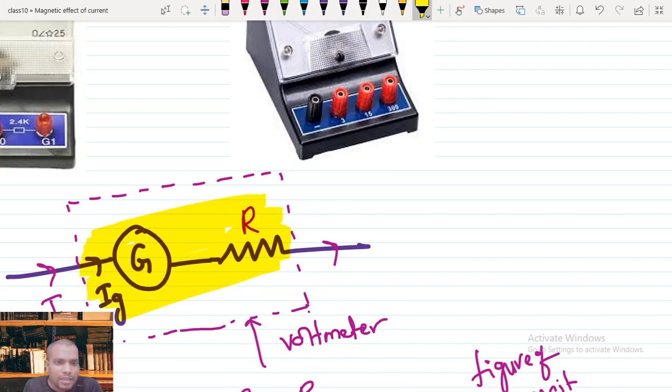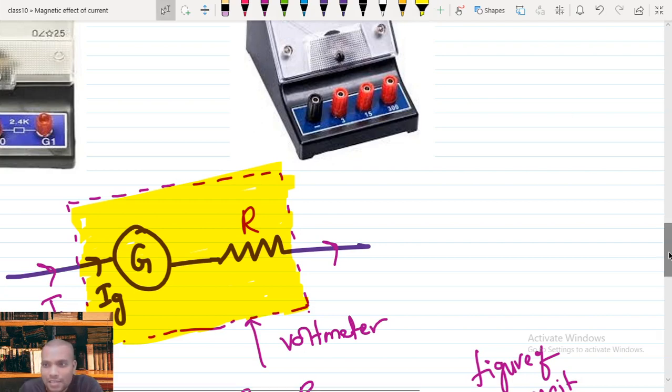So finally, commonly, the three meters, galvanometer, voltmeter and ammeter, are the common meters which we use for different purposes in experiments. But they have one common thing, the galvanometer resistance.